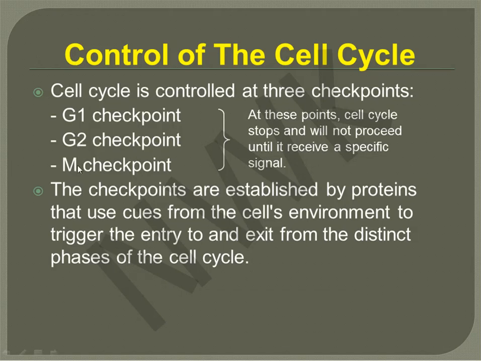There are three specific checkpoints. These three checkpoints ensure that the daughter cell formed is exactly correct, and that the cell has the sufficient ability to complete the task, which is mitosis, the cell division. So the checkpoints ensure the daughter cell has no error and is identical to the parent cell.